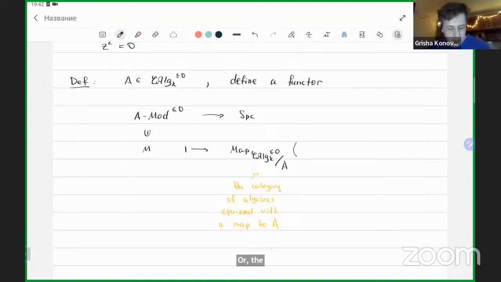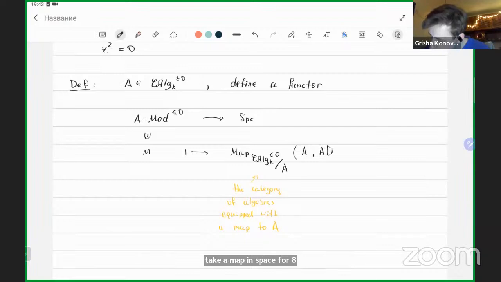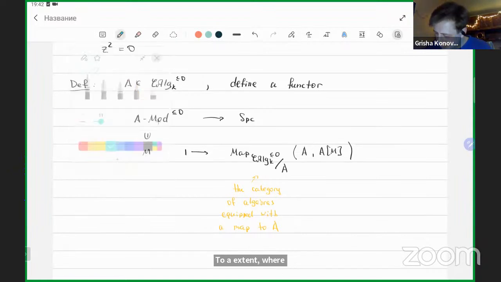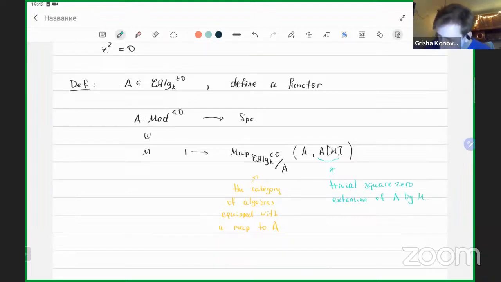And we want to take a mapping space from A to A extended by M, where again, this notation means trivial square zero extension of A by M. And we want to define the cotangent complex as an object that co-represents this functor.